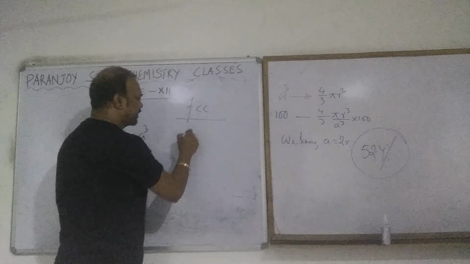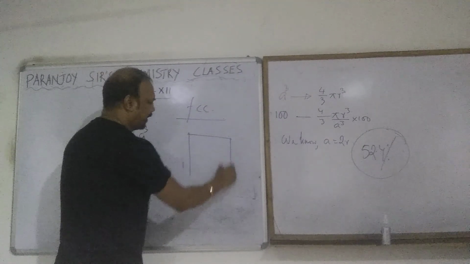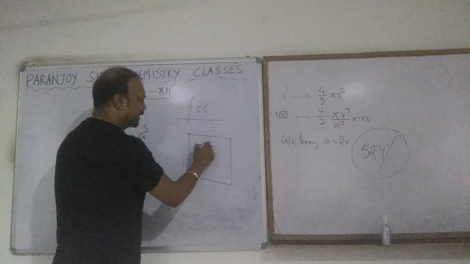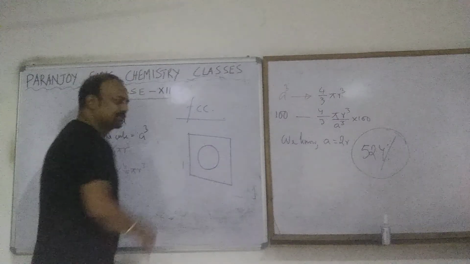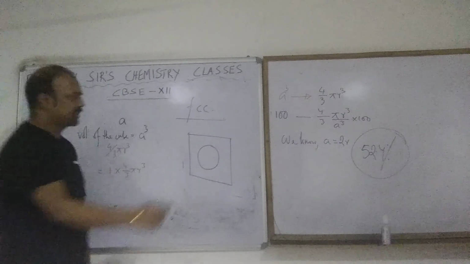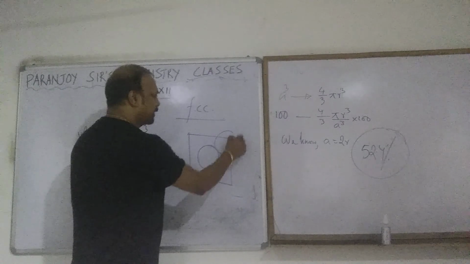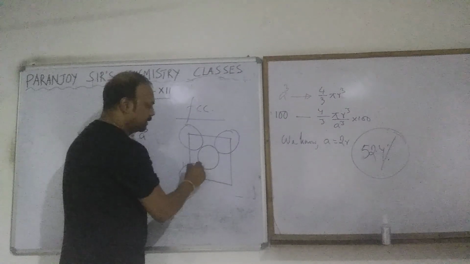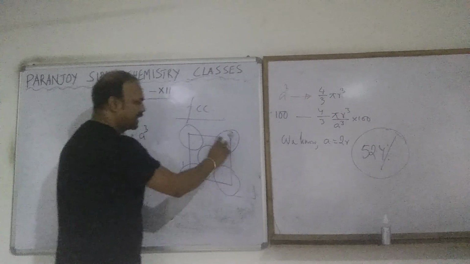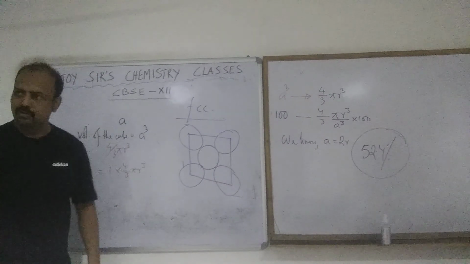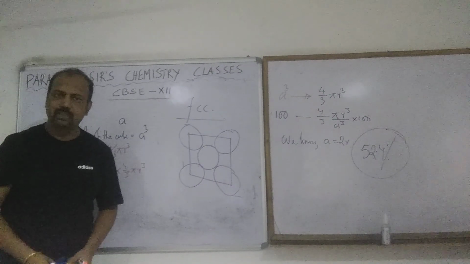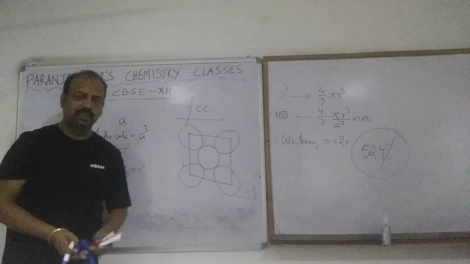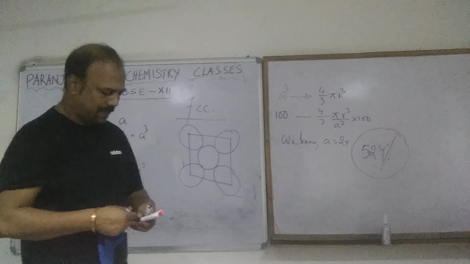At the center of the face one is there. There is one here, one here, one here, and one here. And there is a gap between these four now. Will there be a gap or not? Yes? Now let us do it in the same way.